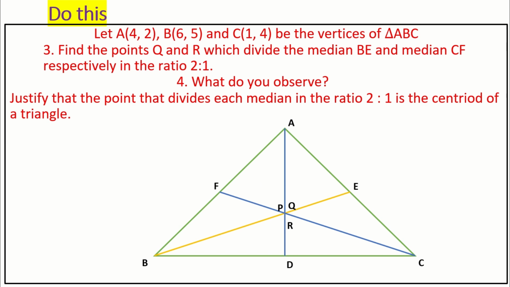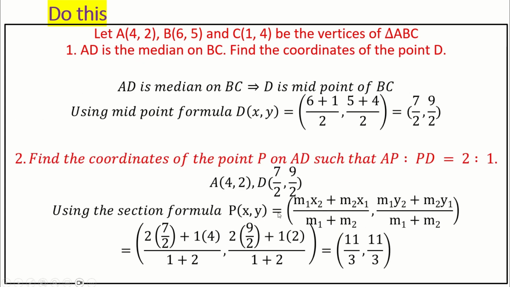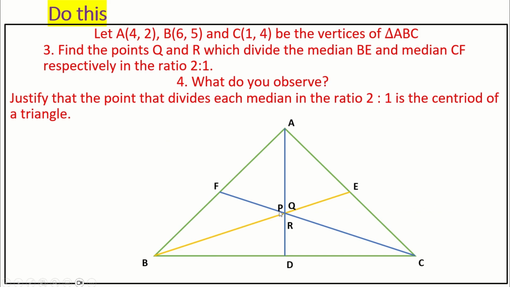You will get exactly the same coordinates, 11/3 and 11/3, for the rest also. P, Q, R will be the same point basically. This we can easily do. Exactly the same procedure you have to follow. You need to find F first, which is the midpoint of AB, and then CF is divided in 2 is to 1 ratio. Similarly, BE is divided in 2 is to 1 ratio.